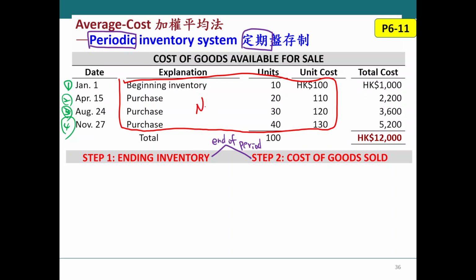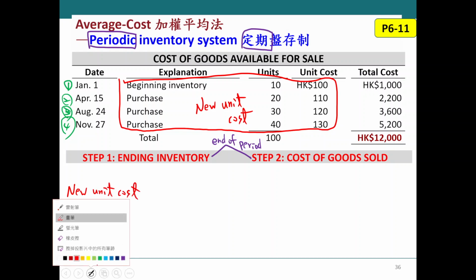Get the new unit cost. Okay, so when we mixed all together, what's our new unit cost? Our new unit cost is what? Mix all together, right?